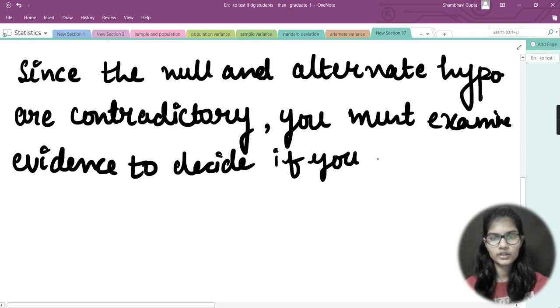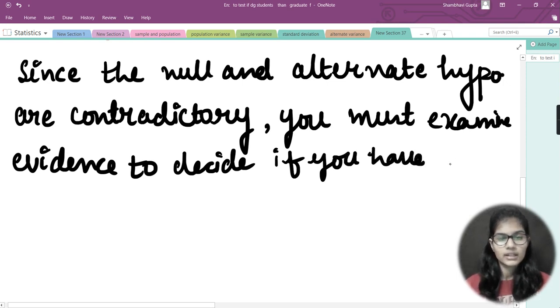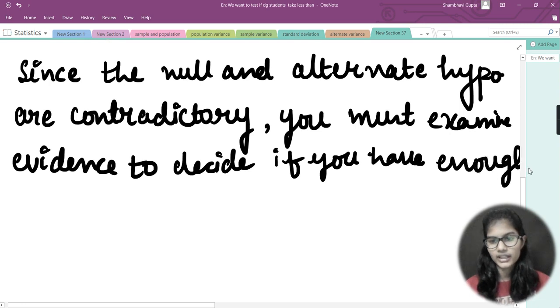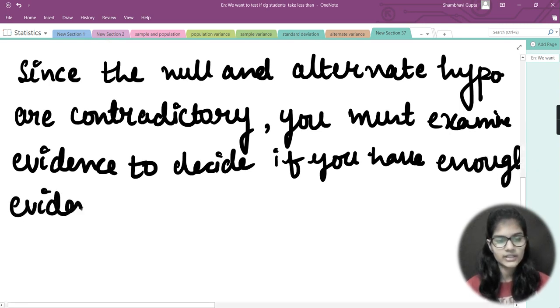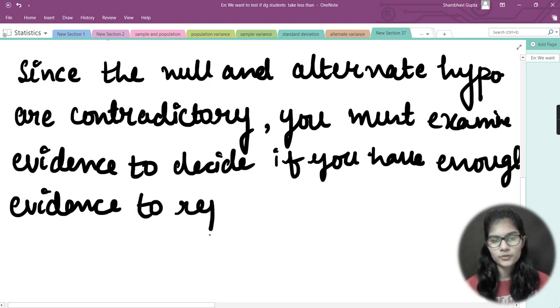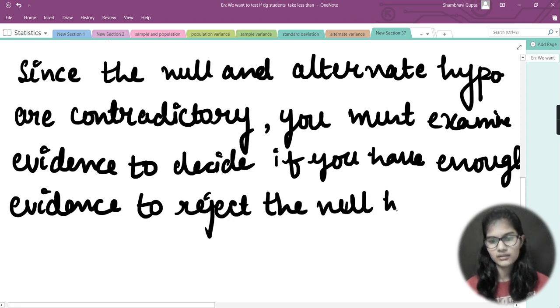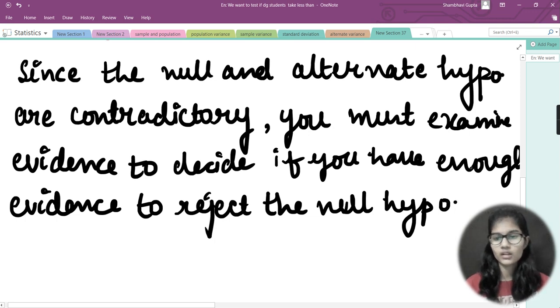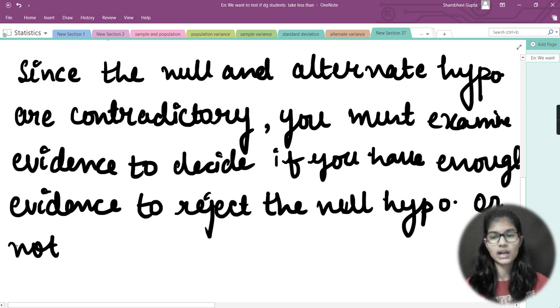So this is the thing you need to decide after you have found the null hypothesis and the alternate hypothesis values: do you have proper evidence to reject the null hypothesis or not, right?